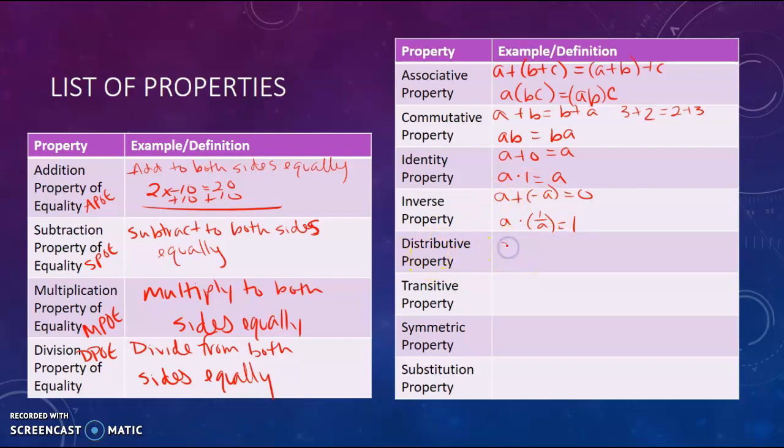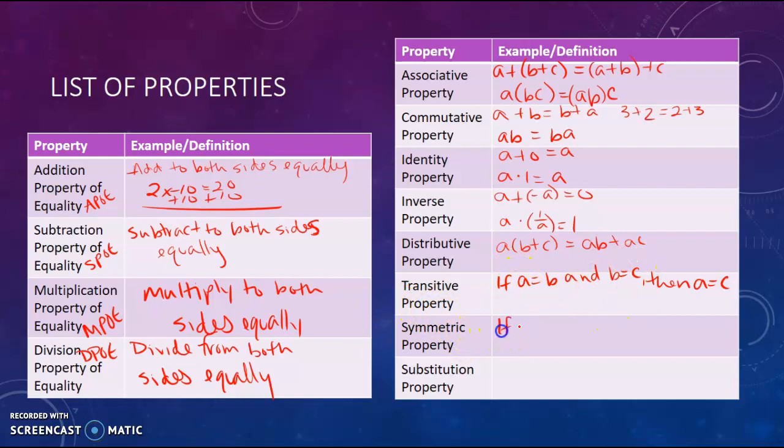Distributive property, that's where if we have A times B plus C, that is equal to AB plus AC.